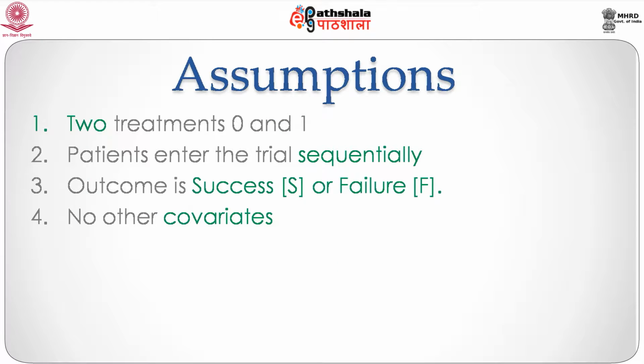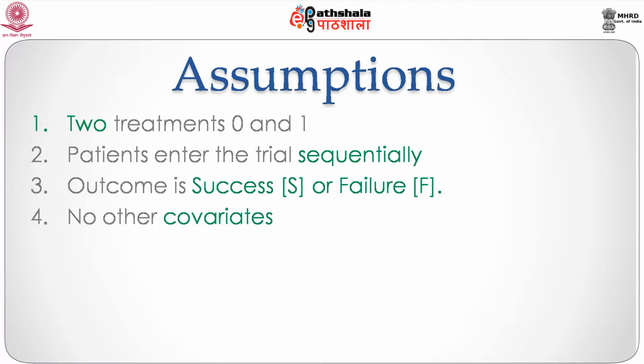These are the assumptions which we shall make for the play the winner rule. Firstly, we shall assume that we are dealing with two treatments, which we shall denote by 0 and 1. Secondly, we assume that the trial is proceeding sequentially and that patients are entering the trial one at a time in chronological order.